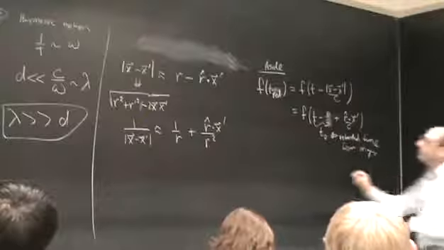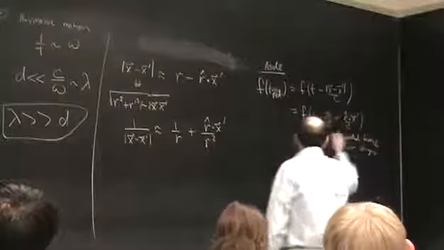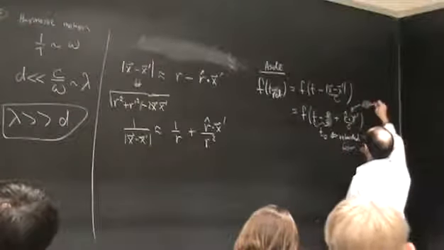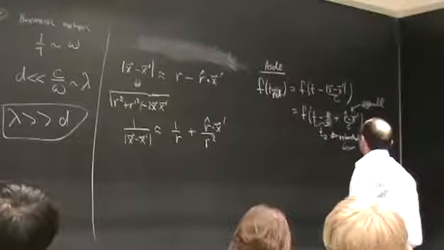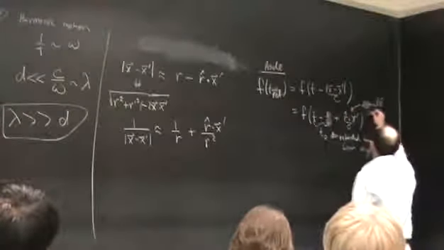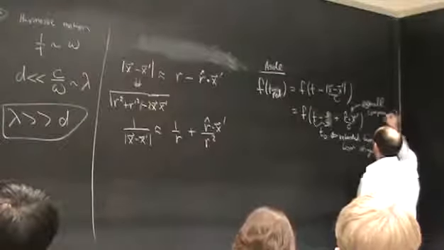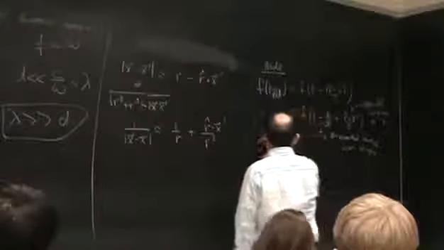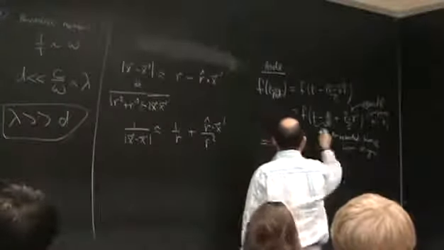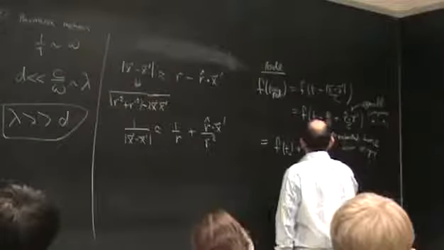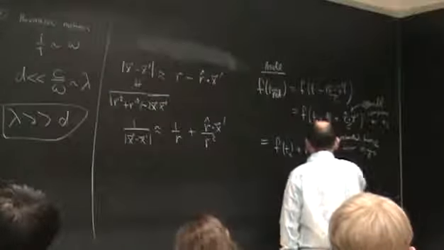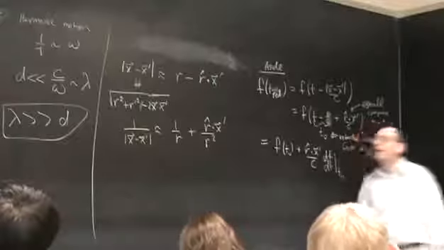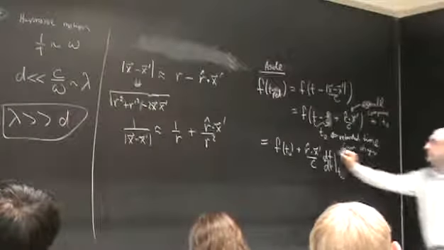Okay, so under the slowly varying approximation that this is small compared to T0, we can do a Taylor series expansion of this: f evaluated at T0, plus the little extra piece of the retarded time times the derivative of f evaluated at T0, plus dot dot dot.